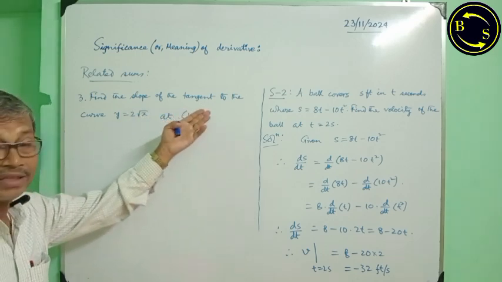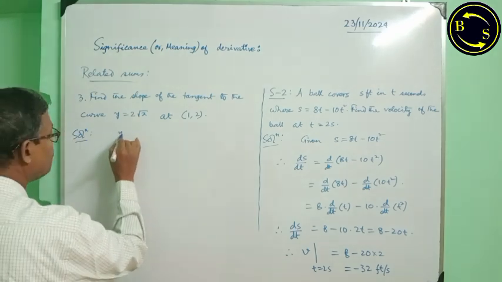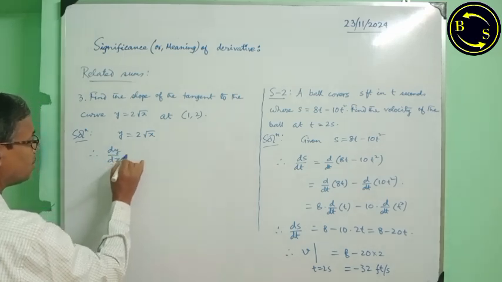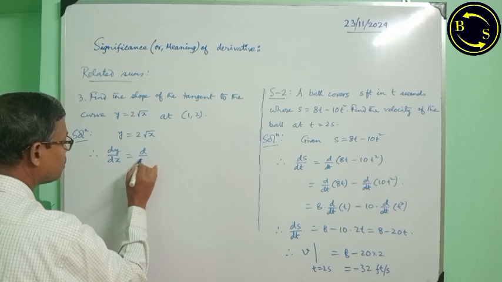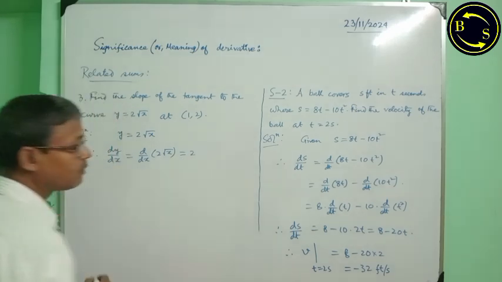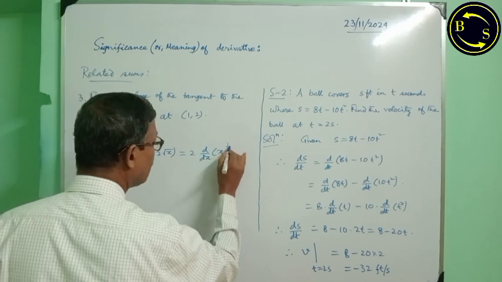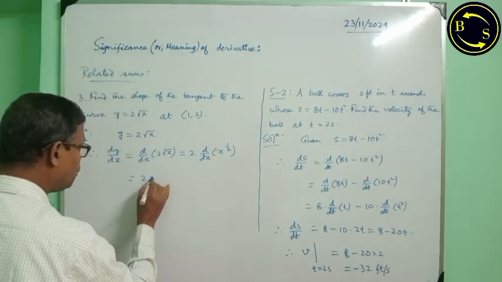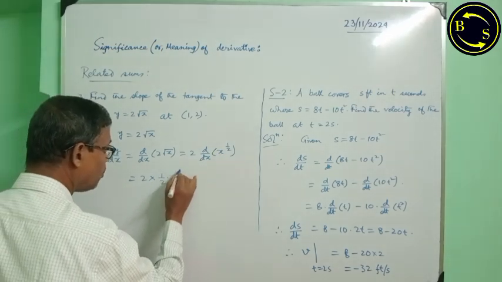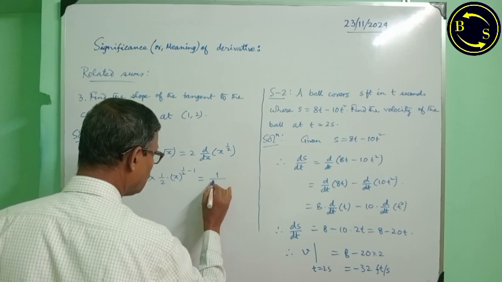We have to find the slope of the tangent for this given curve. y is equal to 2 root x, therefore dy/dx is equal to d/dx of 2 root x. 2 is the constant, therefore it is taken outside, then d/dx of x to the power half, that will be 2 into, from the form x to the power n, half x to the power half minus 1, that means 1 by root x.